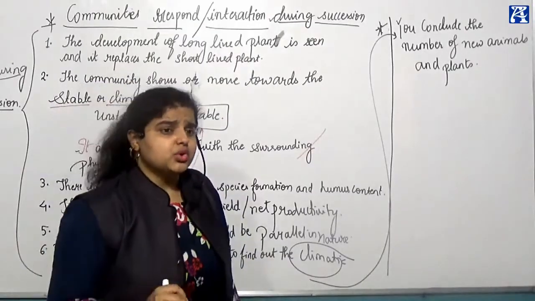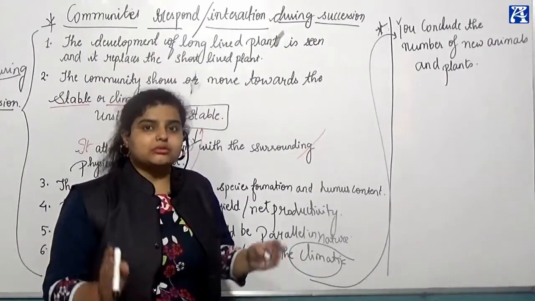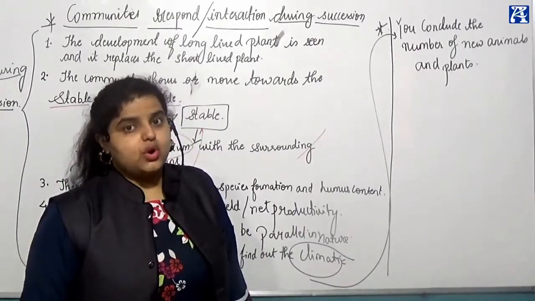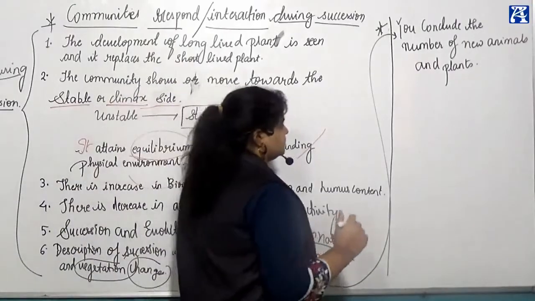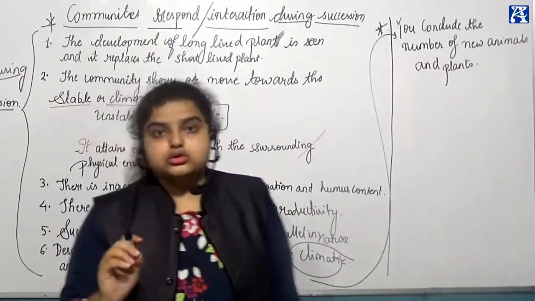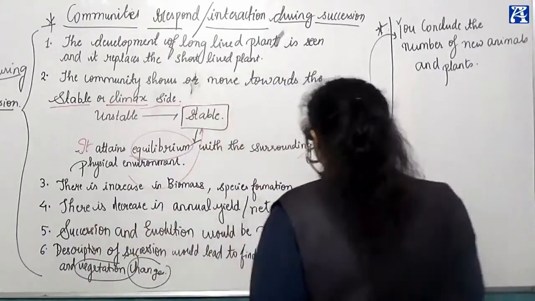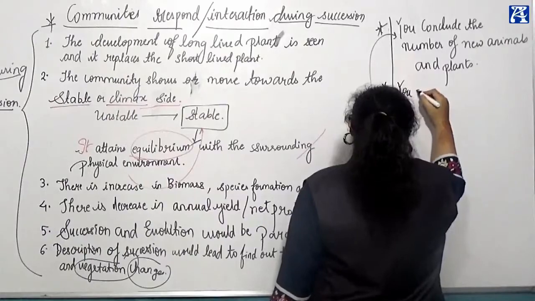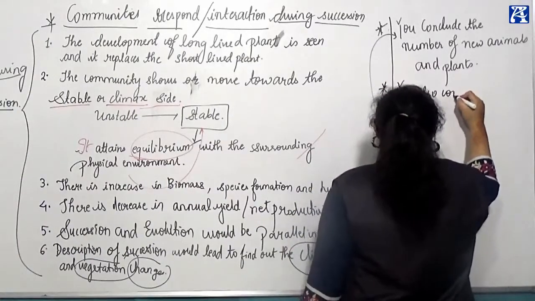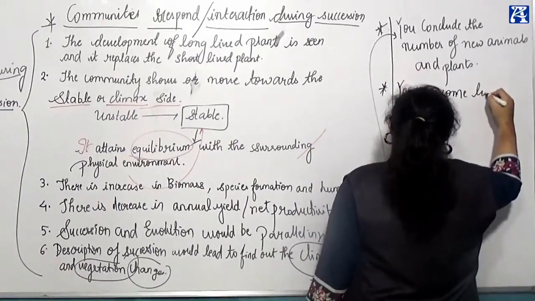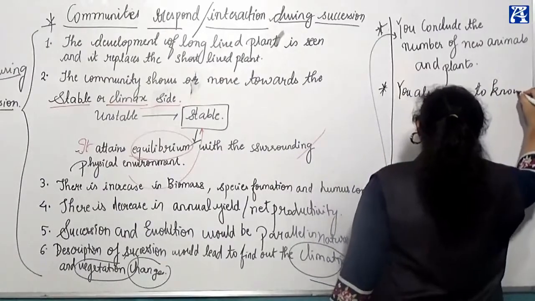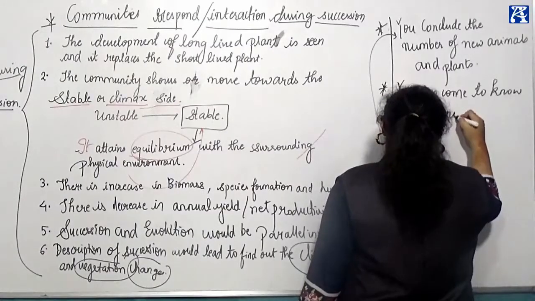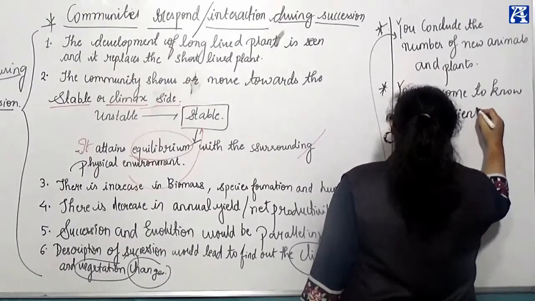When you come to know about the species, the plants and the animals, you also come to know about the transient processing species.